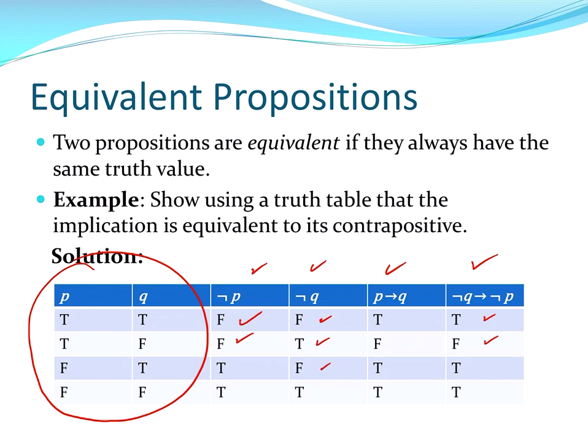And then if the negation of Q is true and the negation of P is true, that's also going to be true. And then note that these two columns have exactly the same truth values, in the same order for the P and Q inputs. So that proves that P implies Q and its contrapositive are equivalent statements.